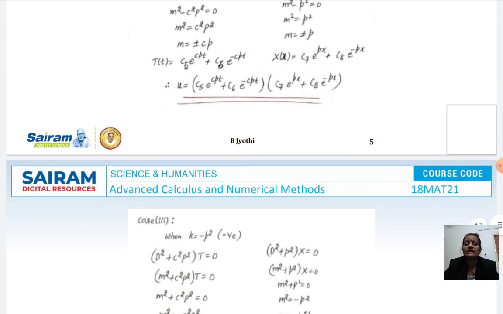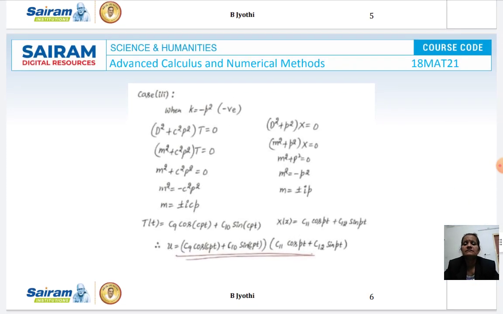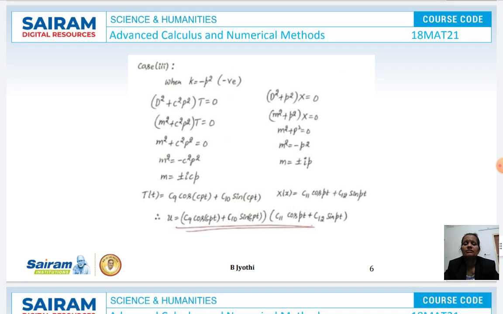Let's look into the next case, that is when k is minus p square, that is negative. We get (D² plus c square p square) of T is 0 and (D² plus p square) of X is also 0. Replacing D with m, we get (m² plus c square p square) of T is 0 and (m² plus p square) of X is 0.